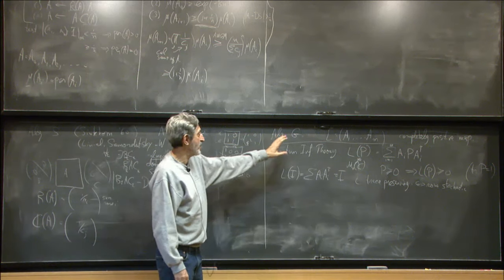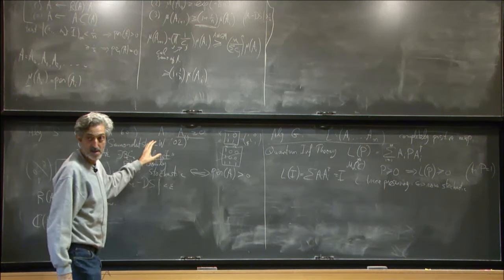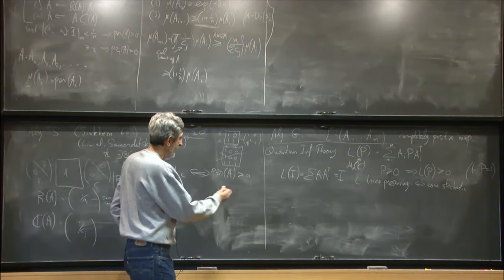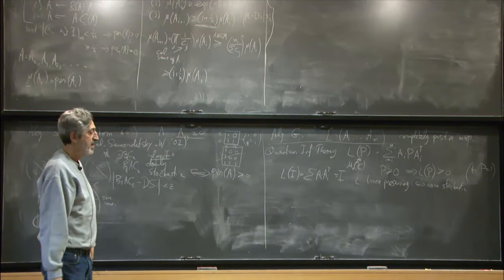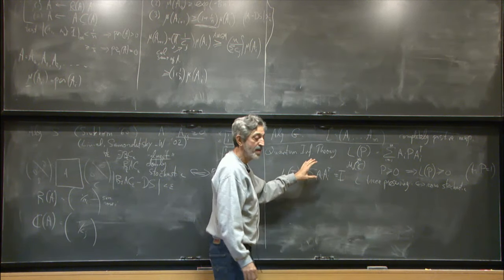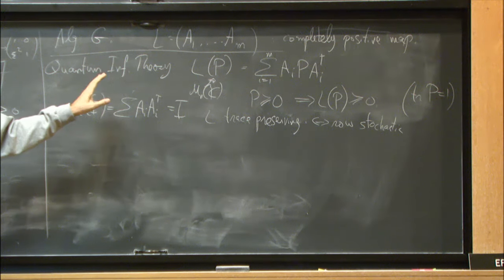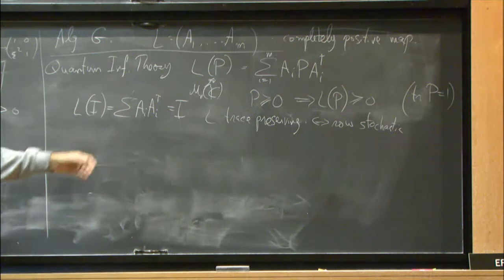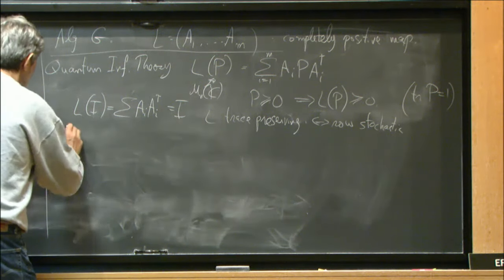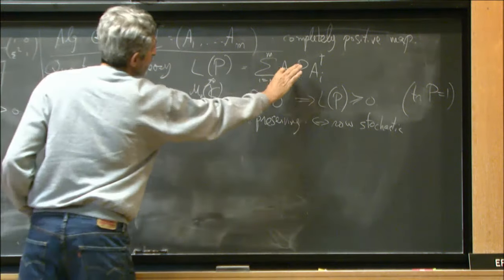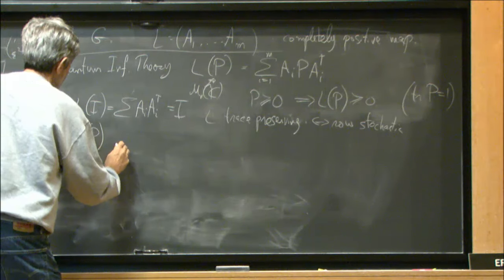So this is really a quantum generalization, and in fact the algorithm and the analysis will be a generalization. Let me tell you one more thing. If this is row stochastic, what is column stochastic? Column stochastic arises from the dual of this completely positive map. What's the dual? L star of P is what happens when you replace A with A transpose.